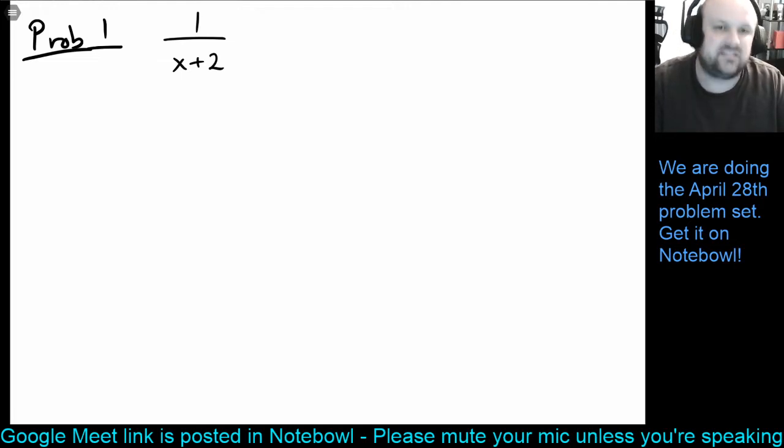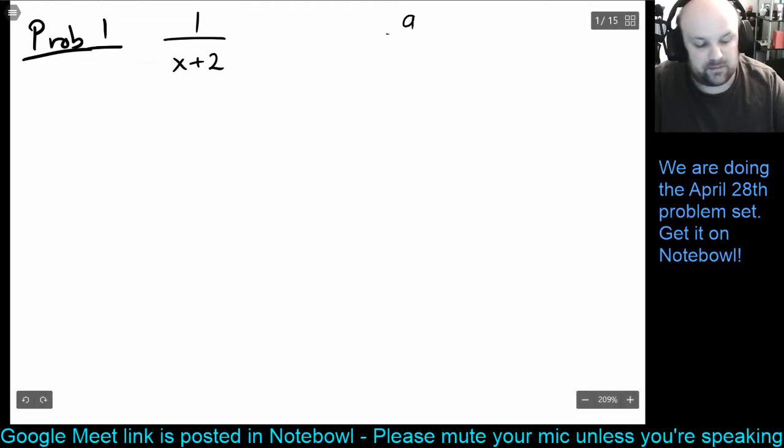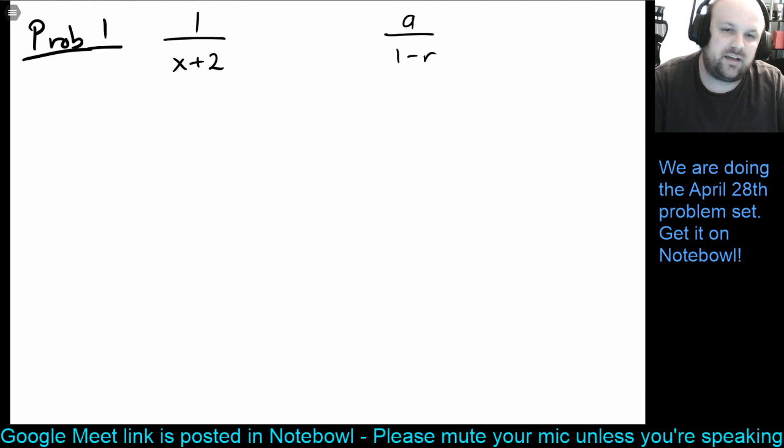The easiest thing to do here is to try the geometric series trick that we had. Take a second and see if you can get this to look like the sum of a geometric series. Is there some way you can manipulate this function into the form a over 1 minus r? Try that out for a second and see if there's a way you can do that.